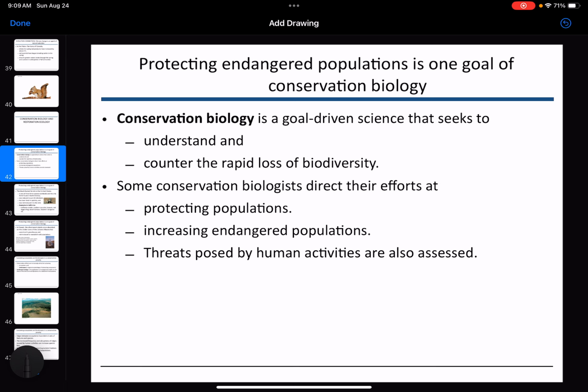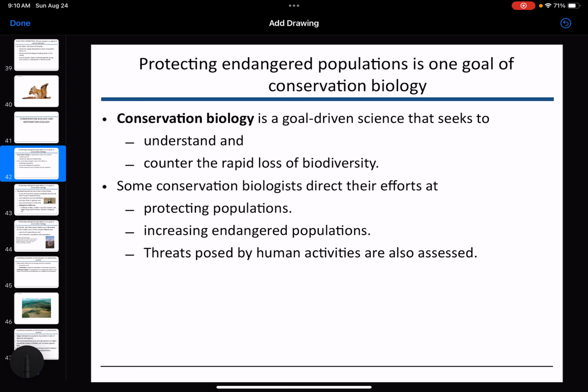We might learn that there's not a whole lot of research or experience, anecdotal experience, on how to counter the loss of a particular species. And so, investing efforts, a wide variety of strategies can help us learn in the moment what works, what doesn't work, in countering the loss of biodiversity.